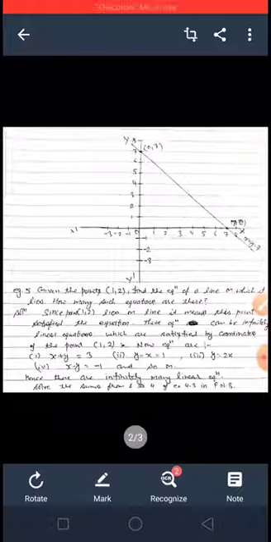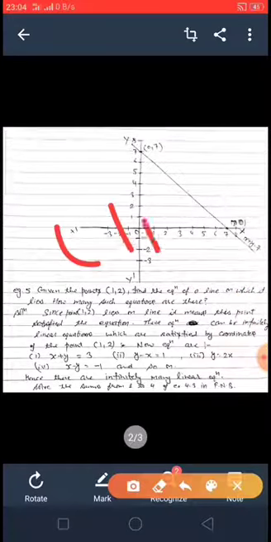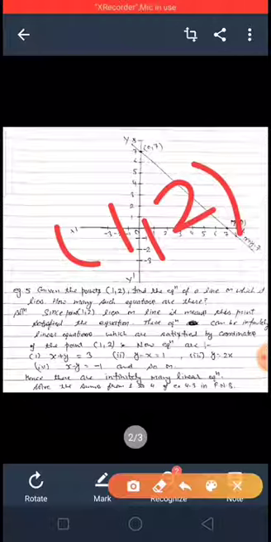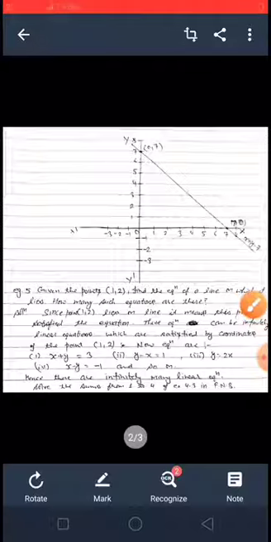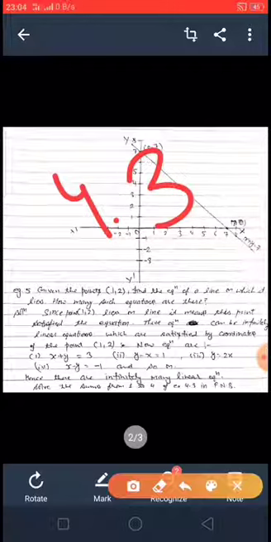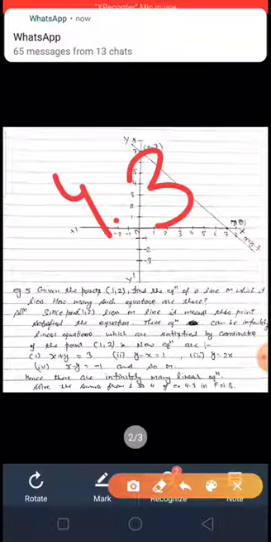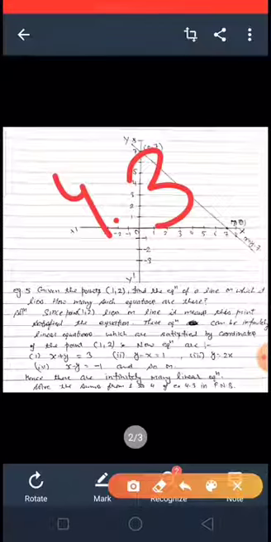So we can see that there are infinitely many linear equations which are satisfied by the coordinates 1 and 2. Clear? That's our answer. So you have to solve sums 1 to 4 of exercise 4.3 in your fair notebook.